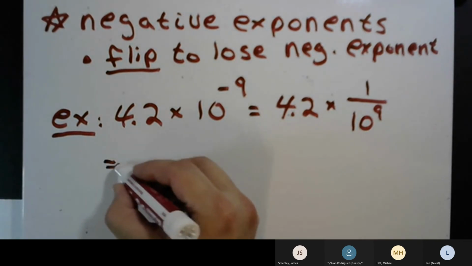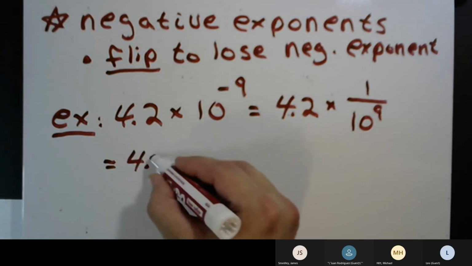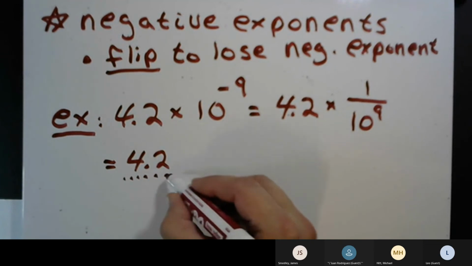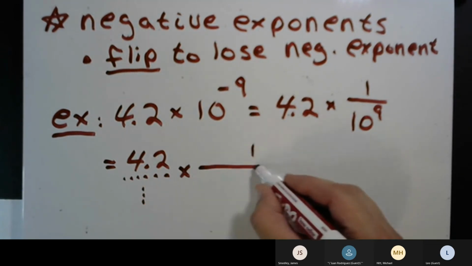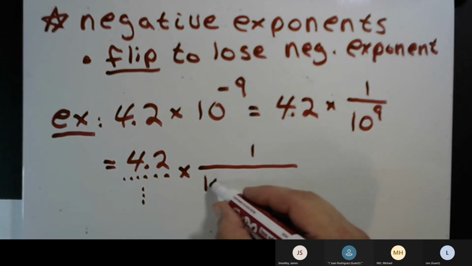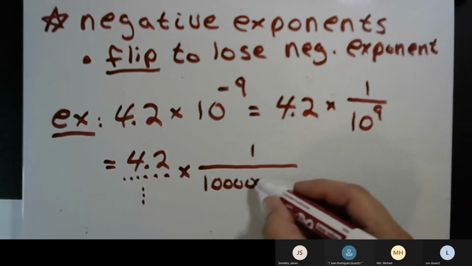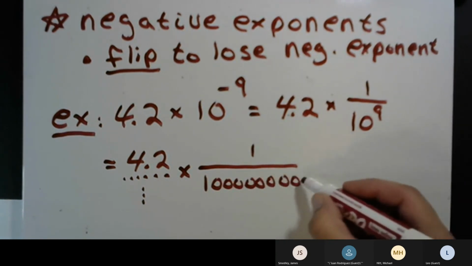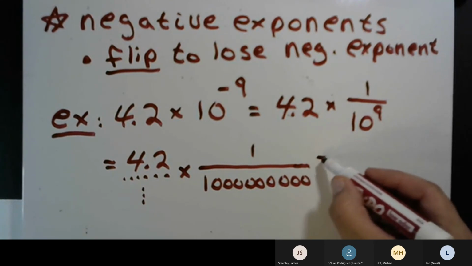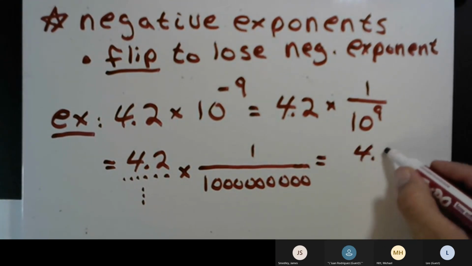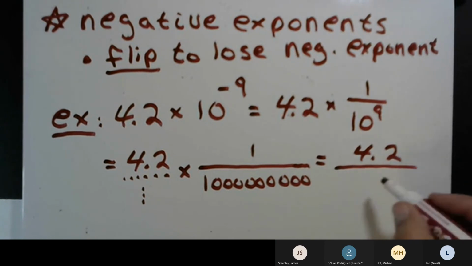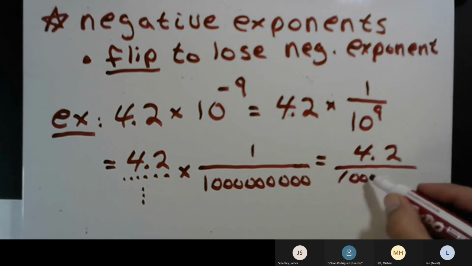Or you can call this 4.2, and there's that invisible 1 times 1 over a billion. So you multiply across, we get 4.2 over 1 billion.